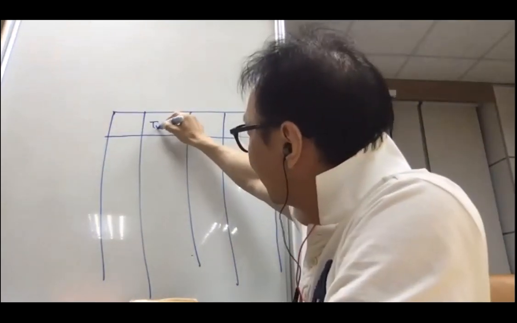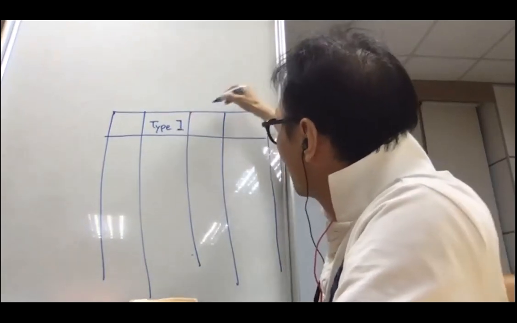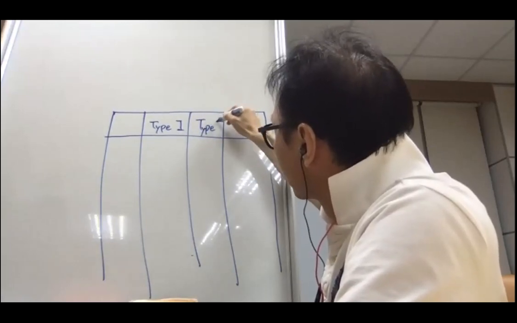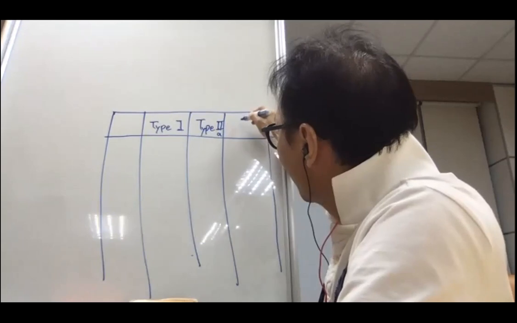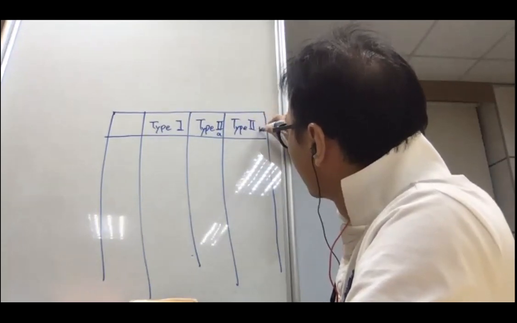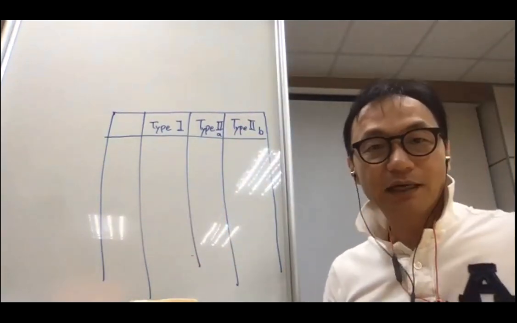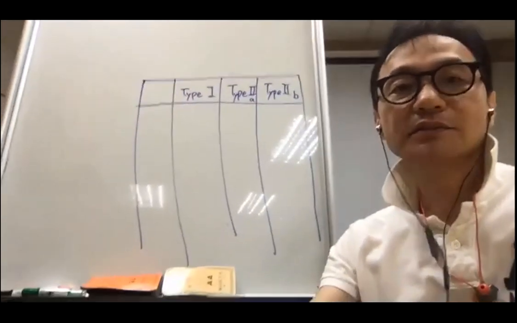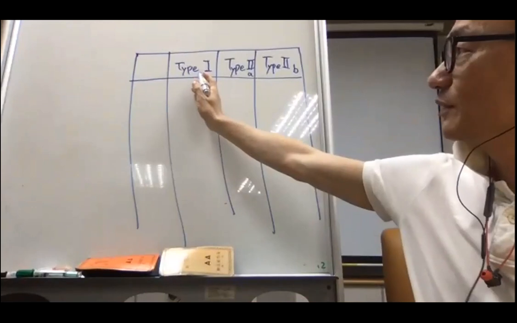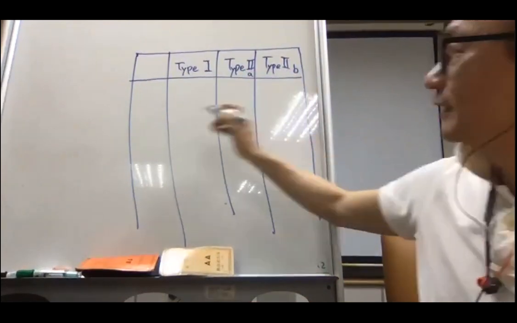You have type 1, and you have type 2, type 2A and type 2B. Can everyone see this? So you have type 1 fiber, type 2 fiber, and type 2A and type 2B.